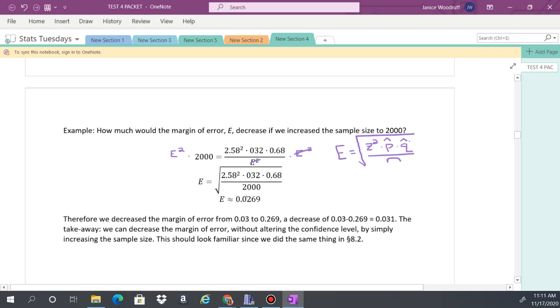If I work out that problem, I'm going to get 0.0269. So the margin of error decreases slightly by having a larger sample size. So the larger the sample size, the smaller your margin of error, the better everything is. Less error means you can be more confident in your results.